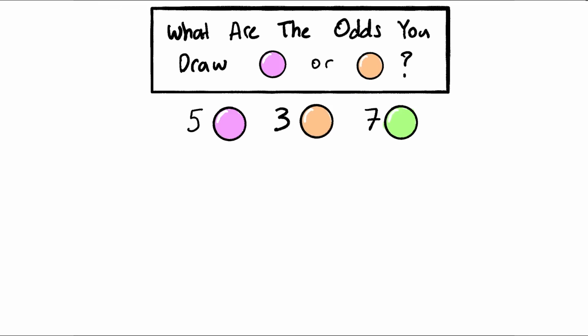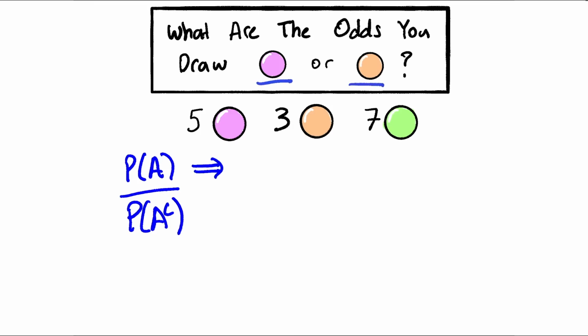Well, we know from our odds equation that the odds are the same as the probability of A over the probability of A complement. Now, what's the probability of A? The probability that you draw either a pink or an orange ball. Well, there are 8 options that you can draw for the orange or pink ball, and there are 15 total options. So the probability of A is 8 divided by 15. Now, what's the probability of A complement?